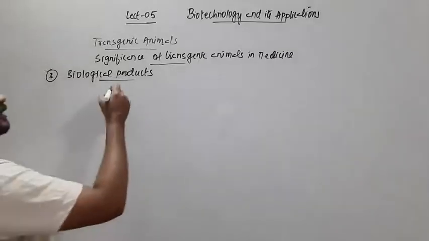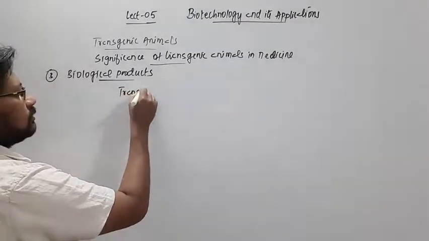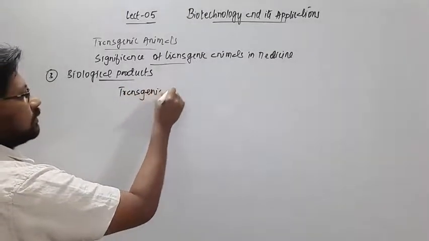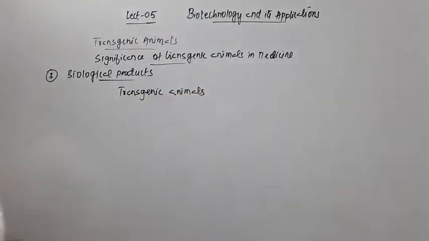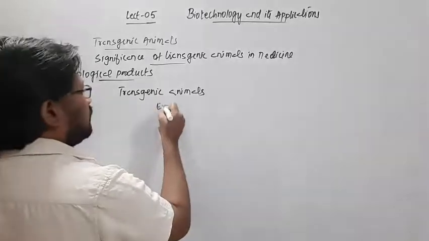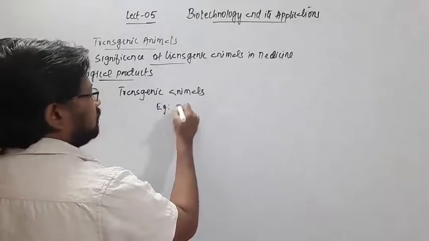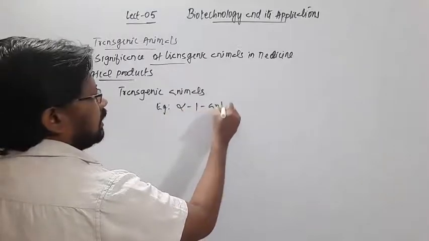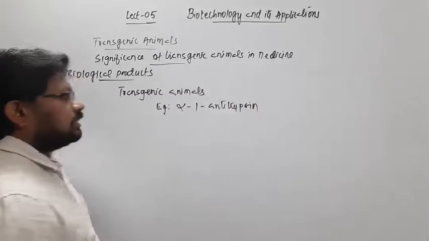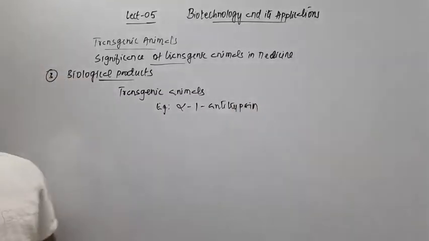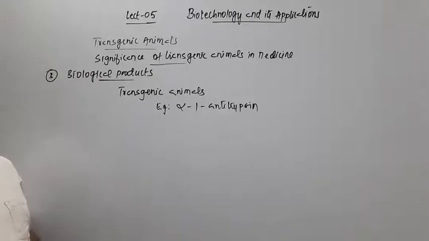To produce those biological products, scientists have developed transgenic animals, for example, transgenic animals for producing something called alpha-1 antitrypsin.